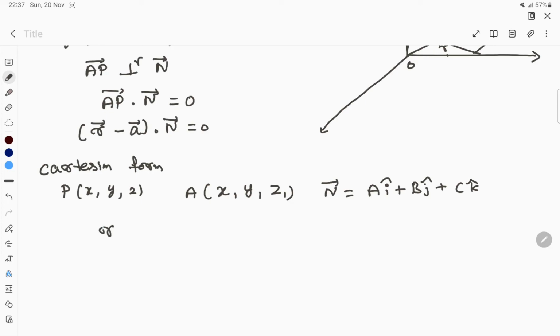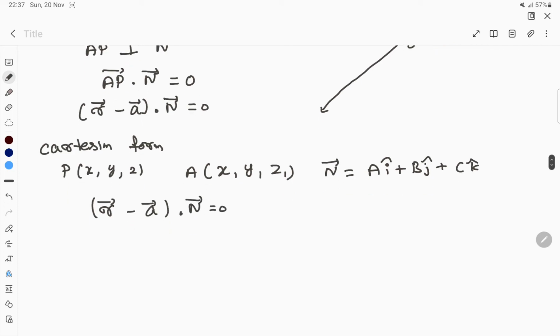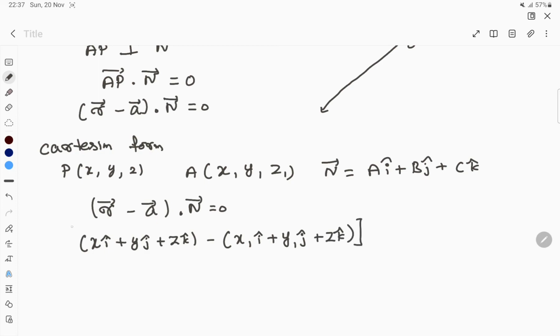Vector R minus vector A dot n vector equals 0. R in component form is xi plus yj plus zk, minus A, which is x1i plus y1j plus z1k, dotted with ai plus bj plus ck.